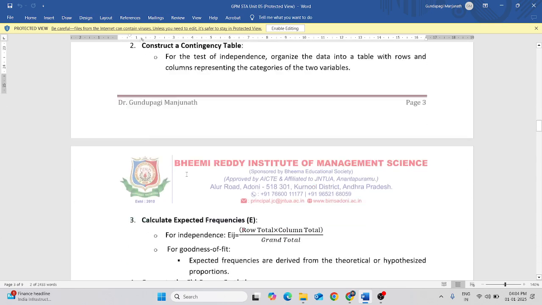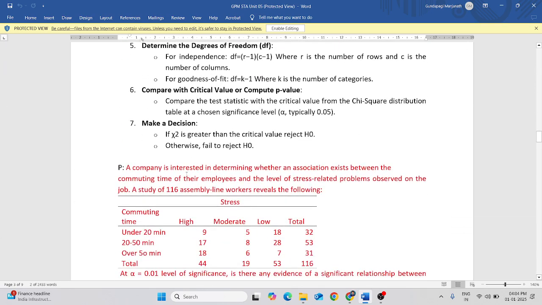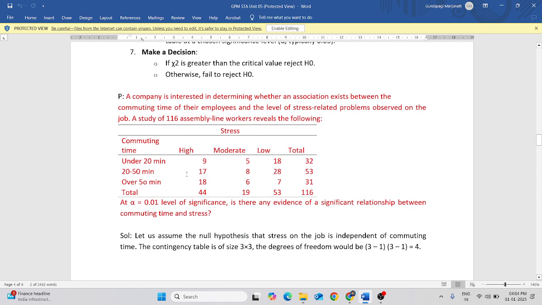Now we can understand with the help of a problem. The problem I have taken is: a company is interested in determining whether an association exists between the commuting time of their employees and the level of stress.